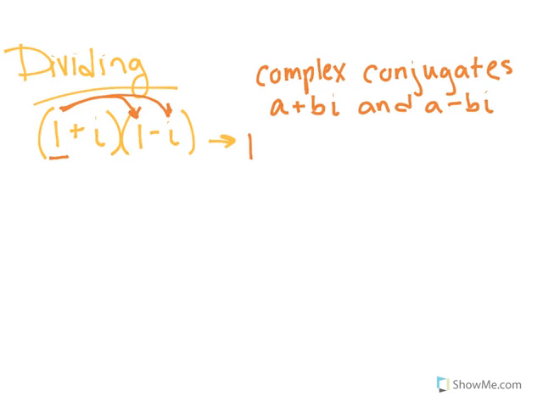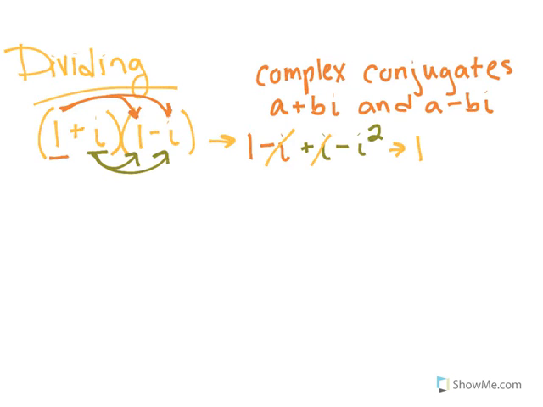Now that's going to give me 1 minus i altogether. I move on to the second term, i, and I'm going to distribute it as well. That's going to give me plus i, and then minus i squared. So when we simplify this all together, I get 1, and then notice that those i's in the middle actually cancel.